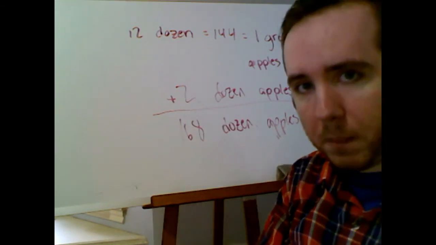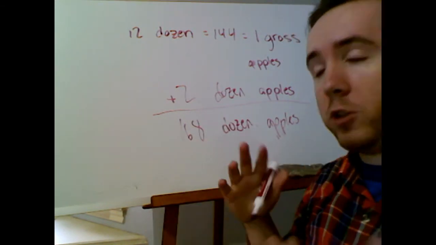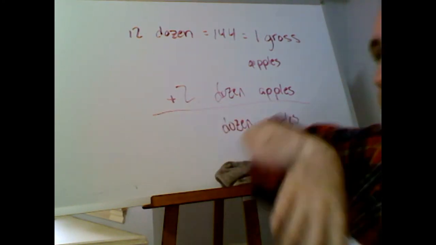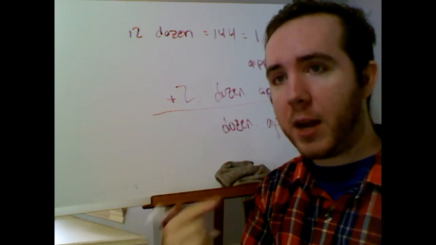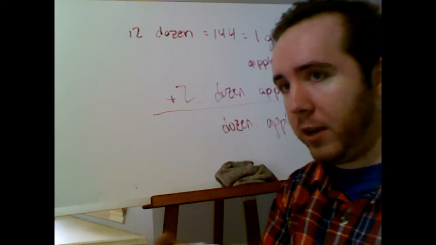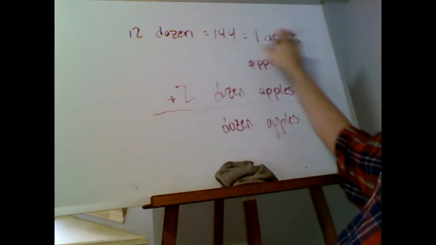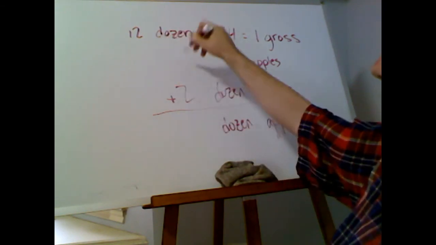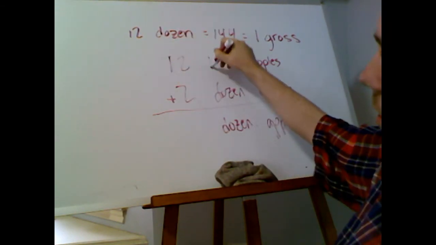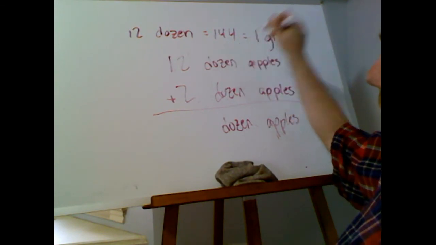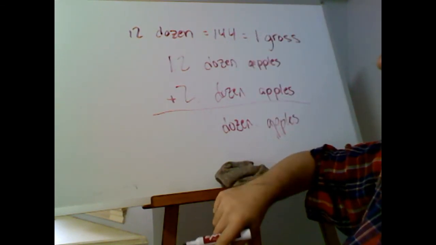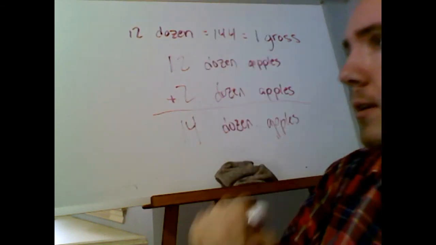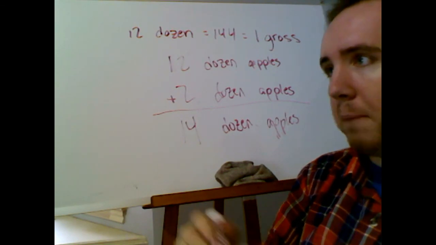That's an even bigger number that would give you way too much. No, my answer has to be so many dozen. So because the question asks for dozens, the numbers that I'm adding must also be in terms of dozens. So my 1 gross, instead of writing as 144, I'm going to write it as 12 dozen apples. So now I can add: 12 dozen apples plus 2 dozen apples is 14 dozen apples. Okay?